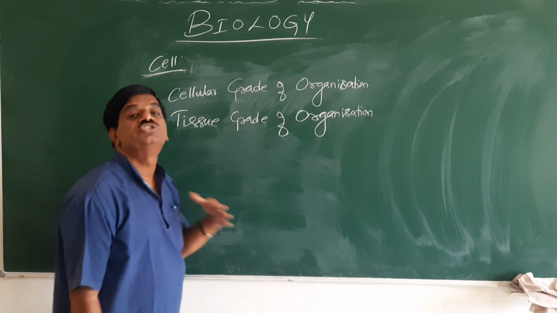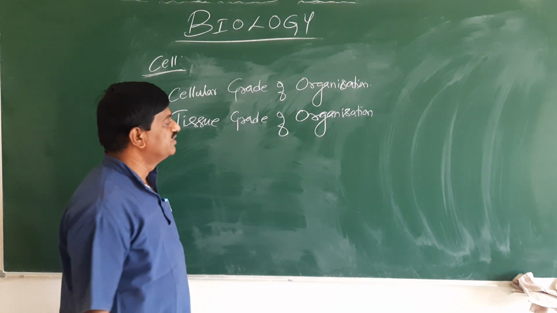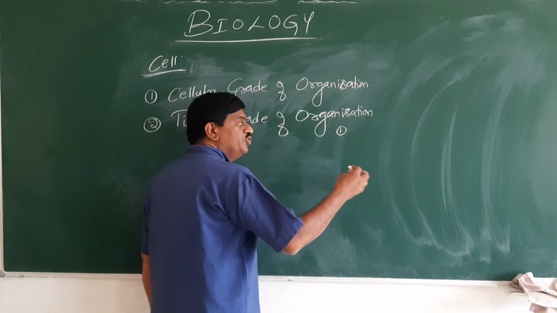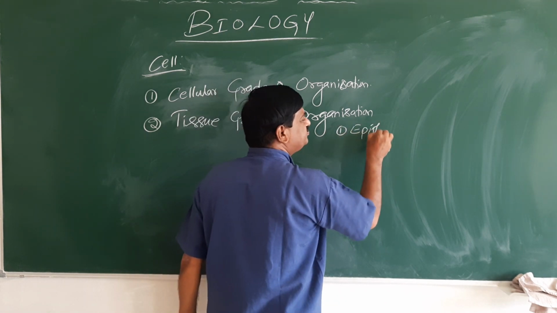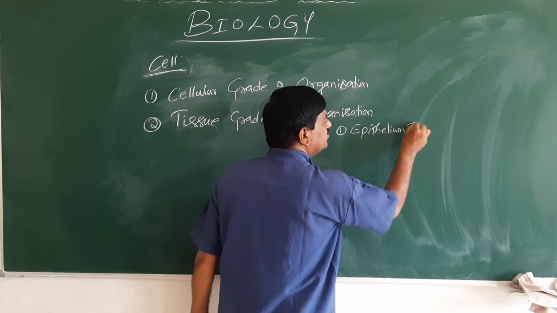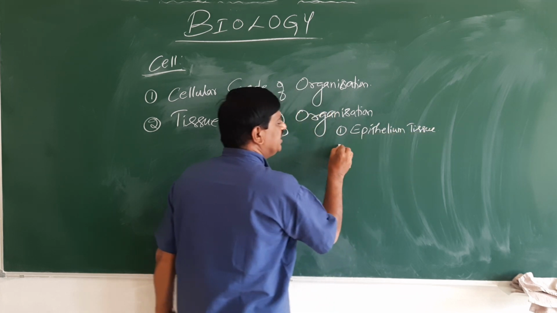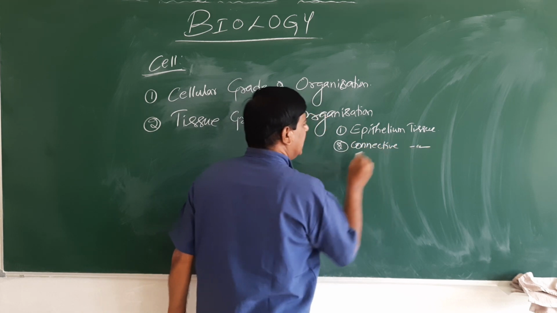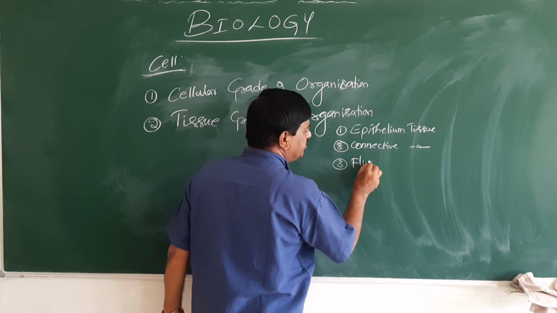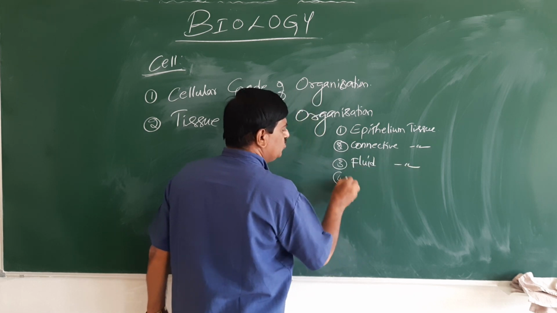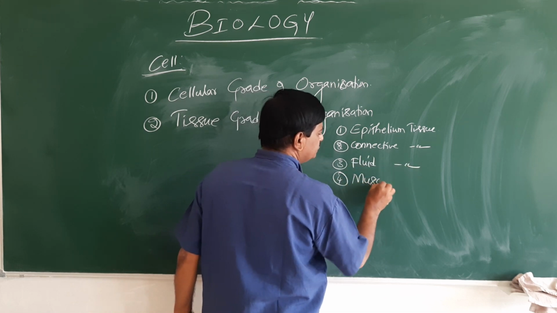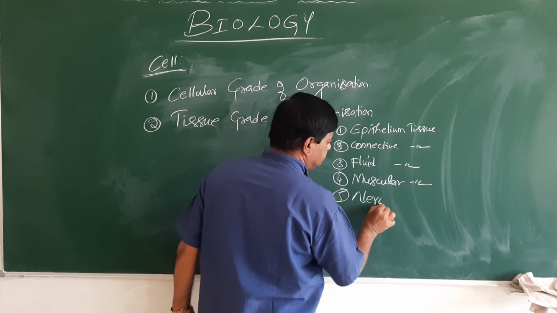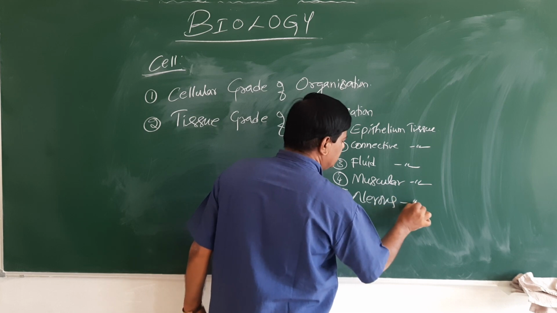These tissues are present both in plants and animals. As I said earlier, there are 5 types of tissues present in humans. Epithelial tissue, the second one is connective tissue, the third one is fluid tissue, the fourth one is muscular tissue, and the fifth one is nervous tissue.